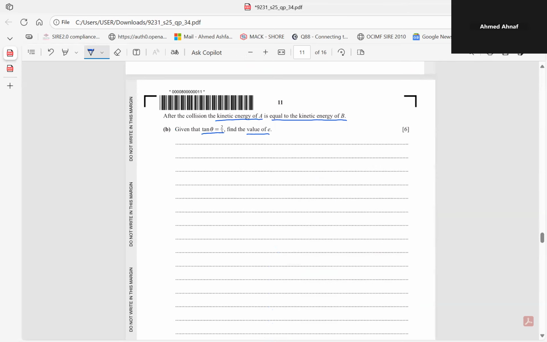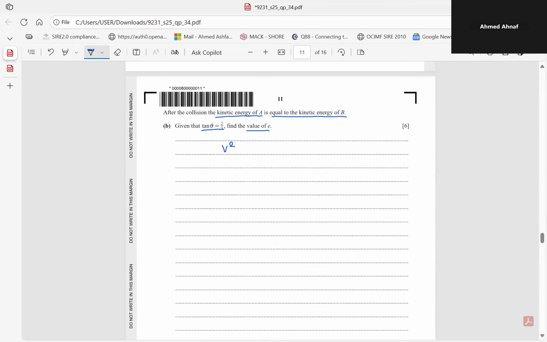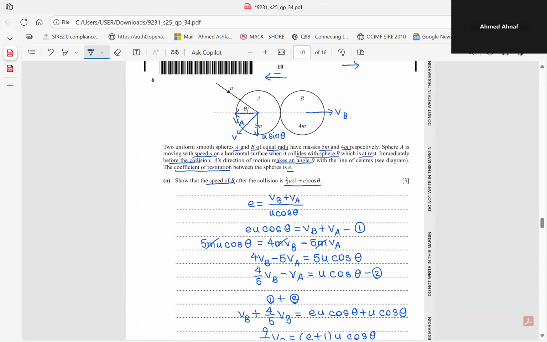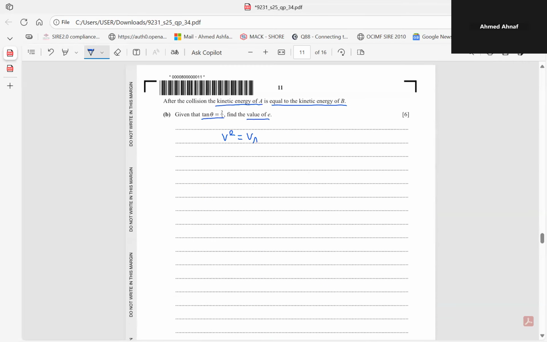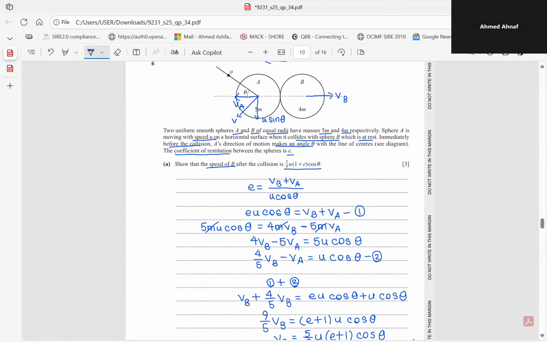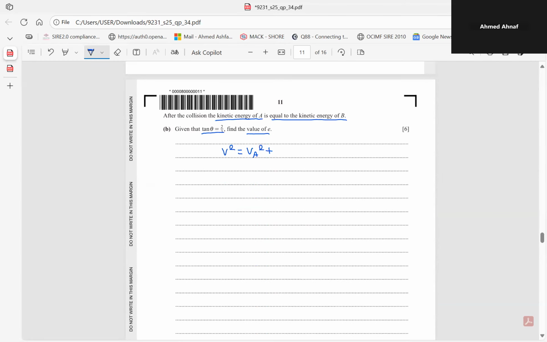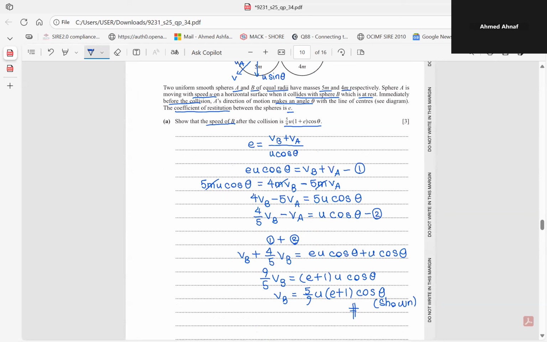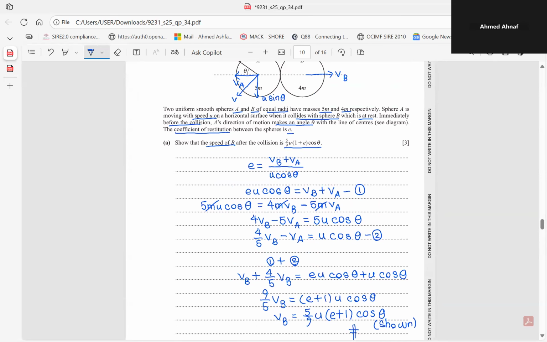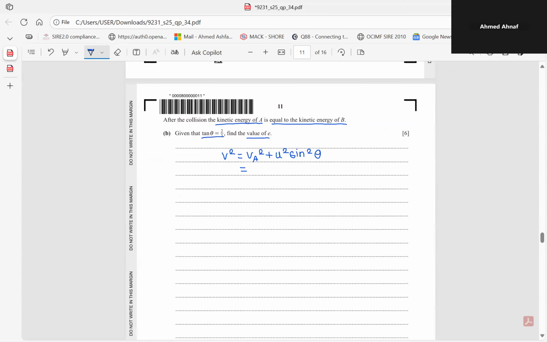V squared would just be VA squared plus u squared sine squared. So for VA squared, we're going to use the first equation and make VA the subject, so that would be e u cos theta minus VB.